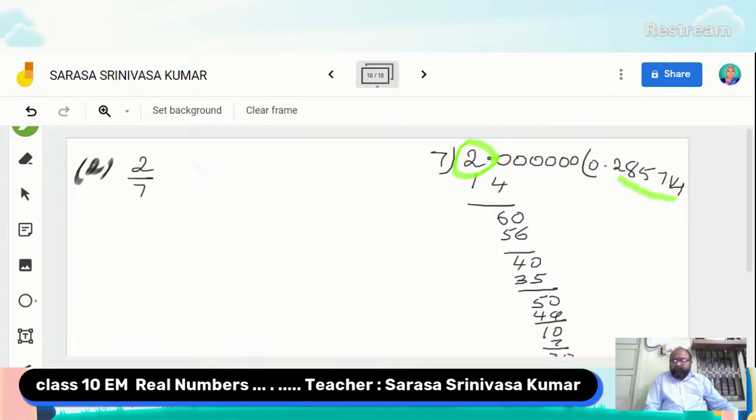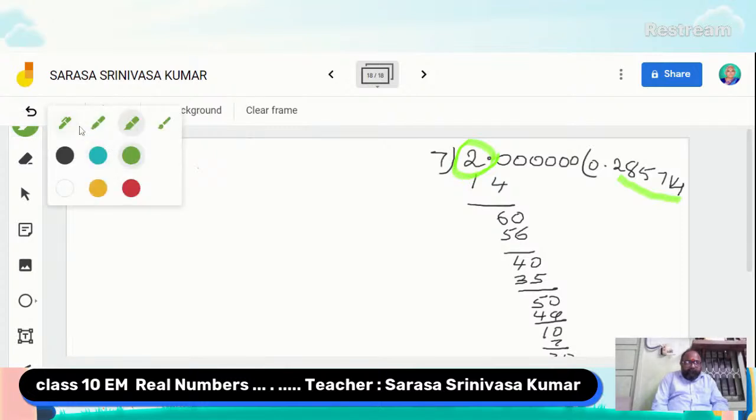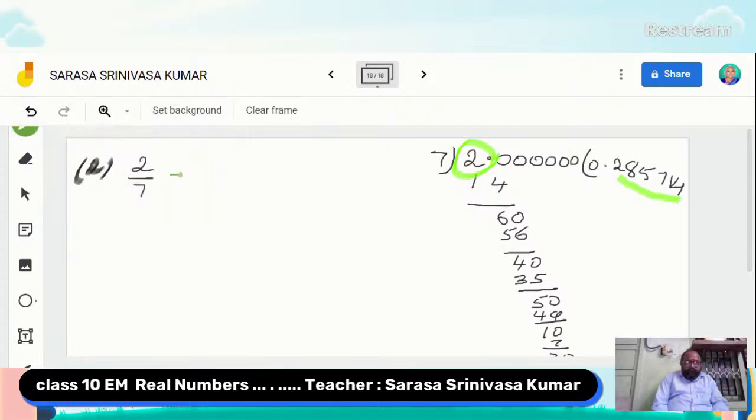So this block gets repeated. So 2 by 7 can be written as 0.285714.